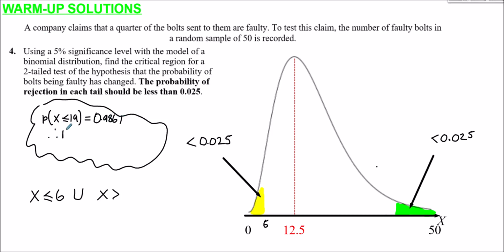So therefore, the probability of x being 20 or greater is 1 subtract the probability that x is 19 or less. So that's therefore 1 minus 0.9861.